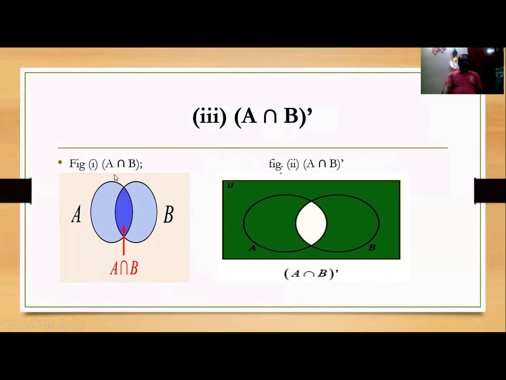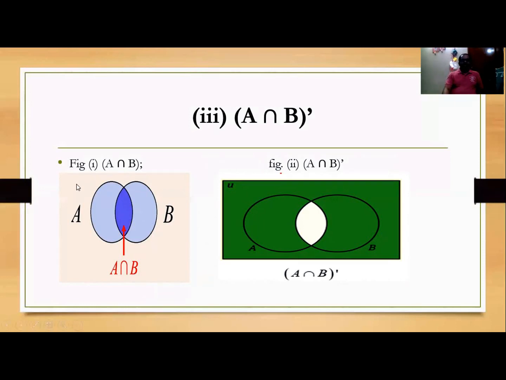Obviously it is in a universal set U. In the universal set U, we have two sets A and B, and A intersection B will give us the set of common elements in the sets A and B. If you see the two sets A and B, the common elements will be this shaded part, that is the dark blue part. So that gives us the Venn diagram for A intersection B.